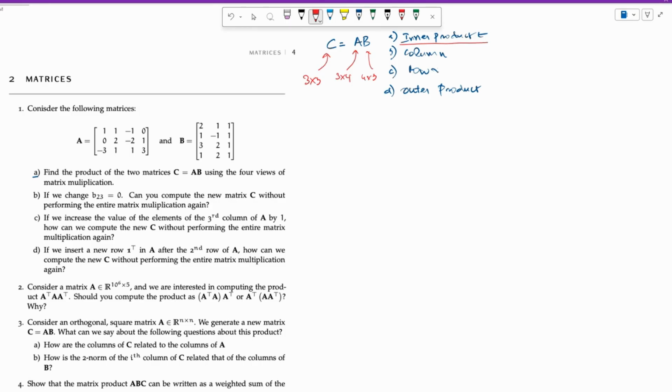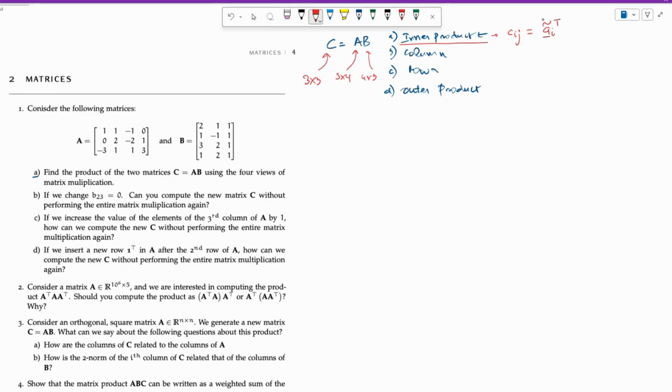The inner product view essentially gives you the individual elements of the matrix. You can compute the ij element through the inner product view: the element at the ith row and the jth column is obtained using the ith row of A and the jth column of B and their inner product.